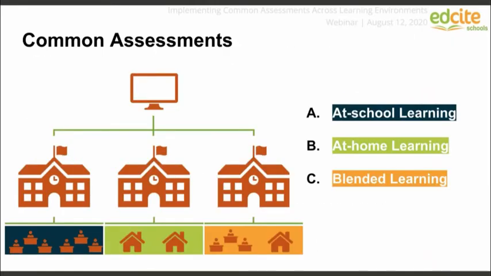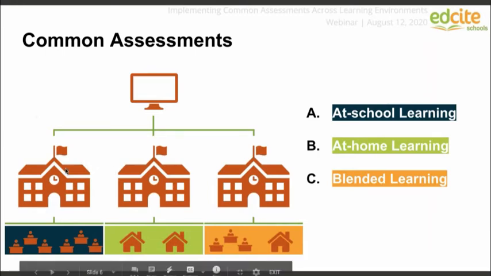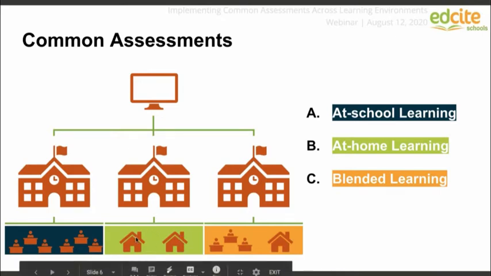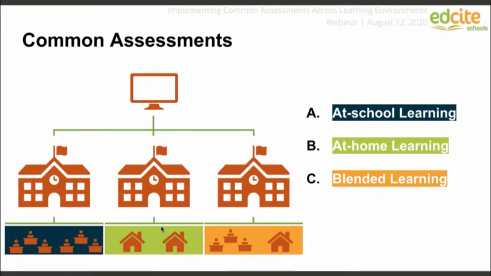So in our first school building over here, we've got students at school. So socially distanced, but they're in the building. In this school here, we've got students that are completely at home. This is a 100% virtual option.